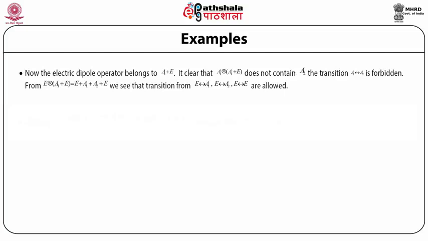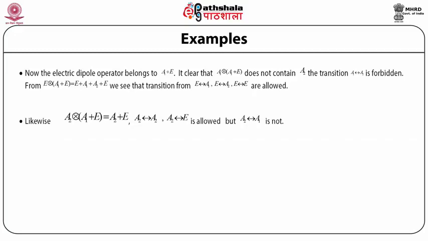From E cross A1 plus E, which is equal to E plus A1 plus A2 plus E, we see that the transitions from E to A1, E to A2, as well as from E to itself are all allowed.